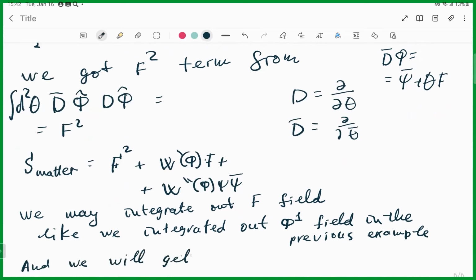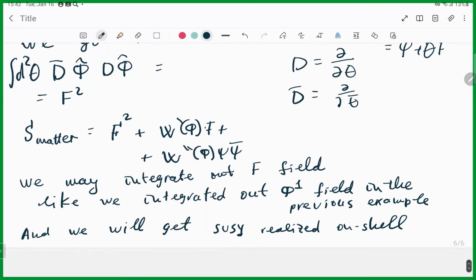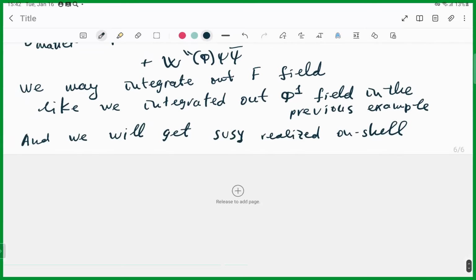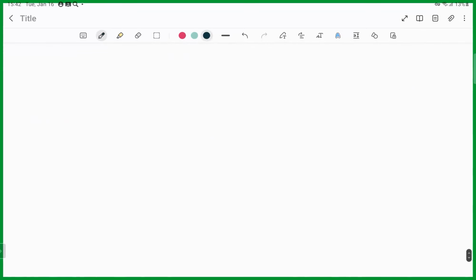And we will get supersymmetry realized on shell. Actually, how does it happen?